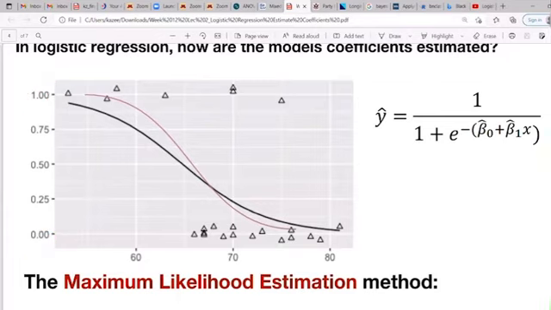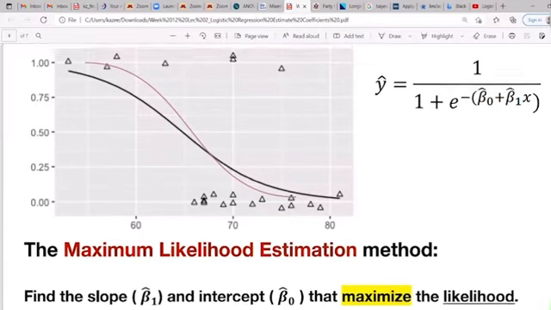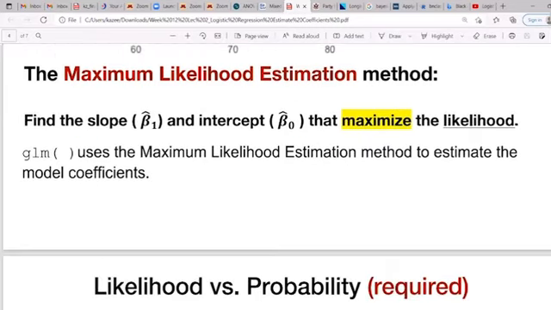The next thing I want to walk you through now is the meaning of the maximum likelihood estimation method. In linear regression, like I said, we use the least square estimation method, because that method enables us to minimize the residual sum of squares.